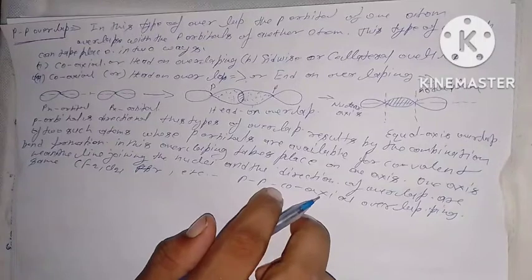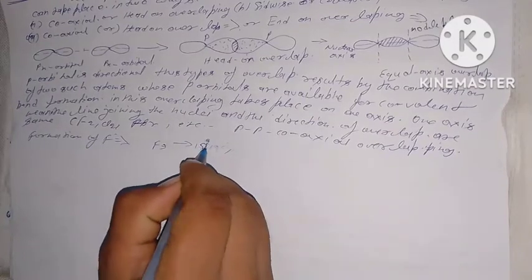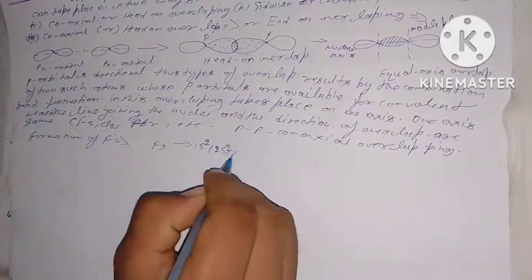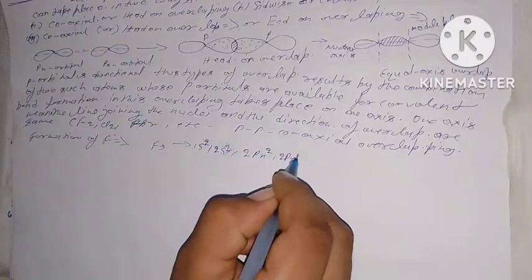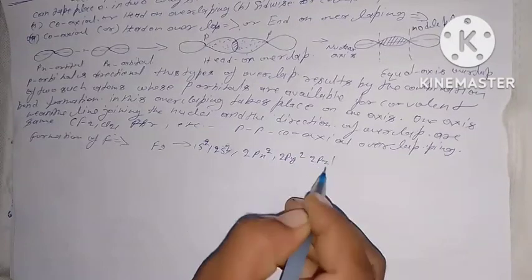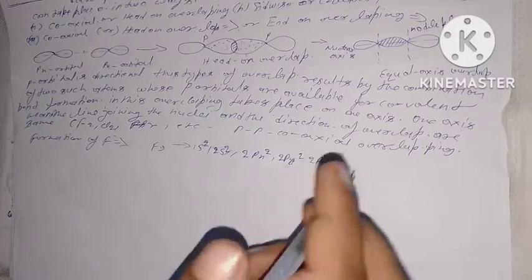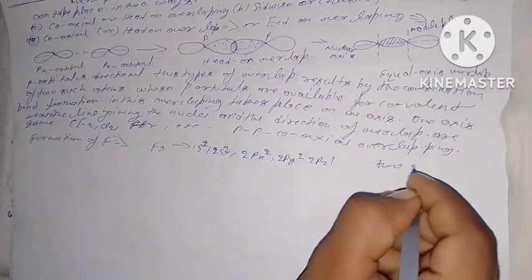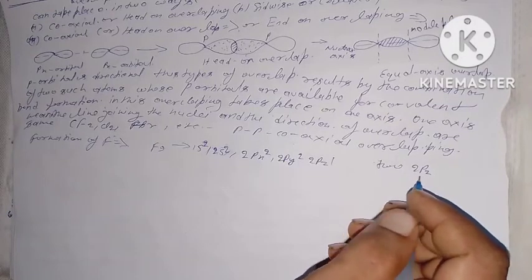Formation of the fluorine molecule: F9 equals 1s2, 2s2, 2px2, 2py2, 2pz1. These 2pz orbitals overlap on the same axis.